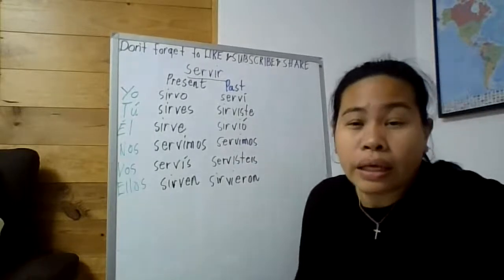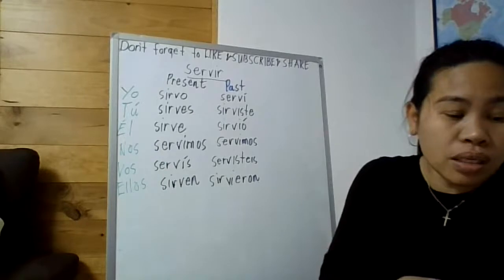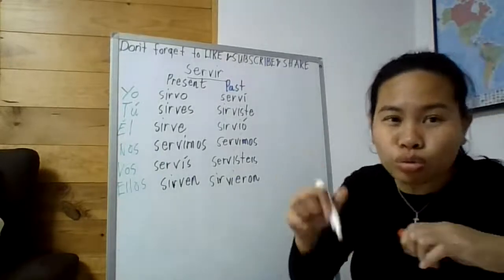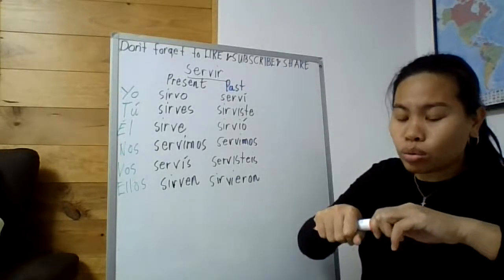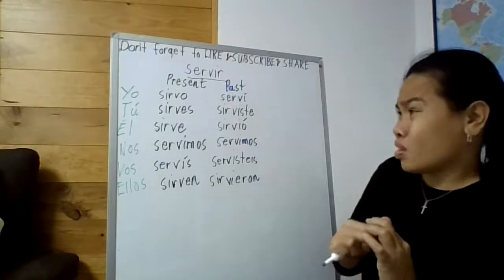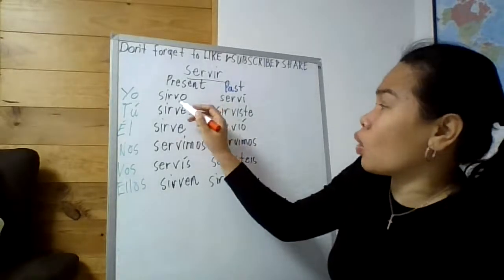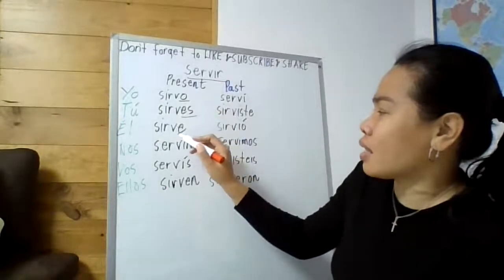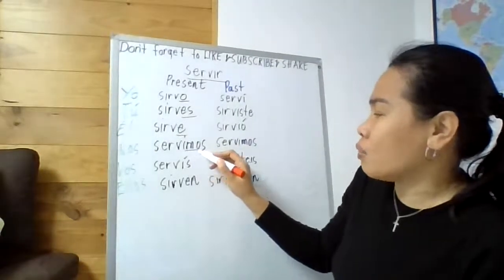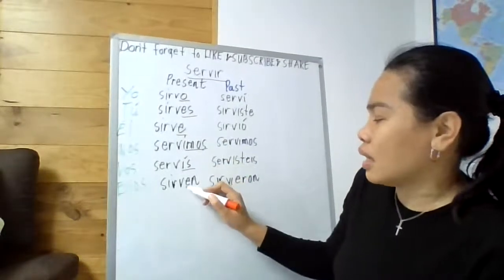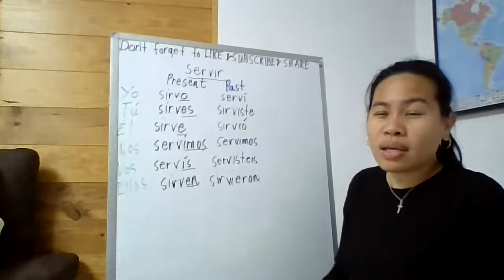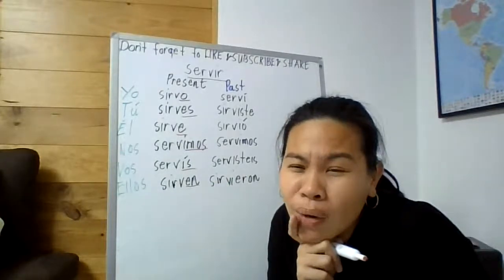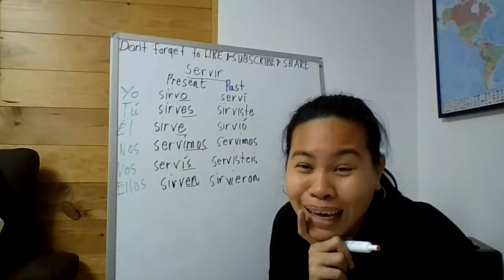So, this is how you are going to try to observe the pattern. O, es, e, imos, is, and en. Okay? In the present. Okay, I was saying it wrong the whole time.